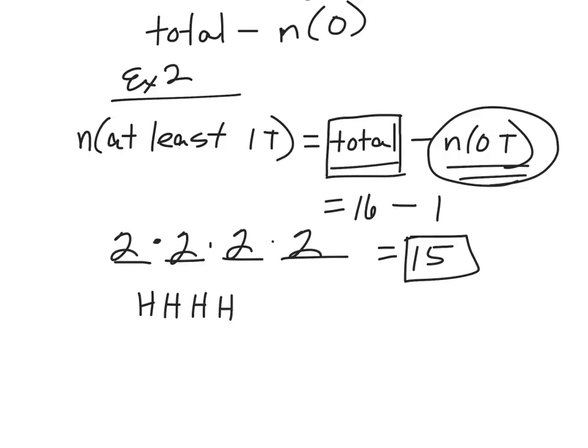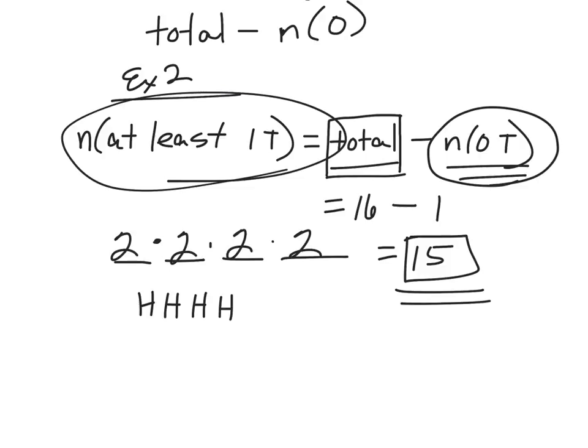And it only happens 1 way. And so it's a lot quicker to figure that one coming through the back door. So if you get an at least one problem, that's the formula you're going to use. Take the total minus the number of ways you can get 0. And usually the number of ways you can get 0 is going to be 1.